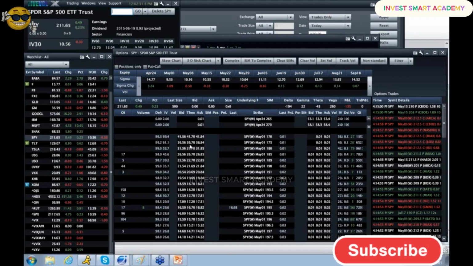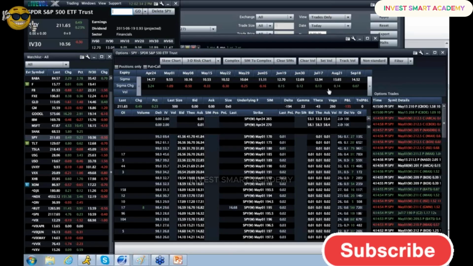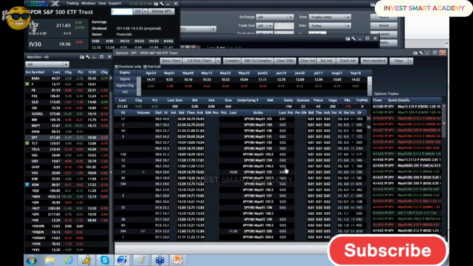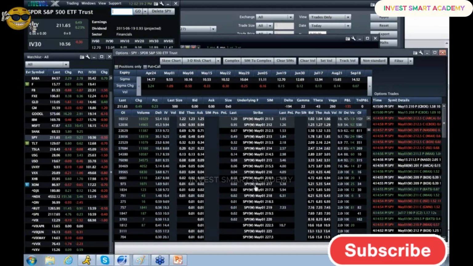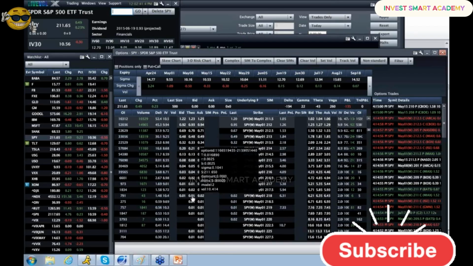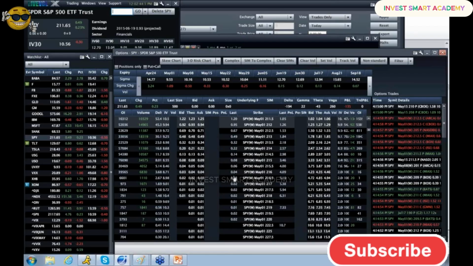Nobody does. Does anybody think SPY is going to go to 218 by Friday? So a 70-point rally or a 30-point sell-off? No. Yet all of these options have a penny bid.